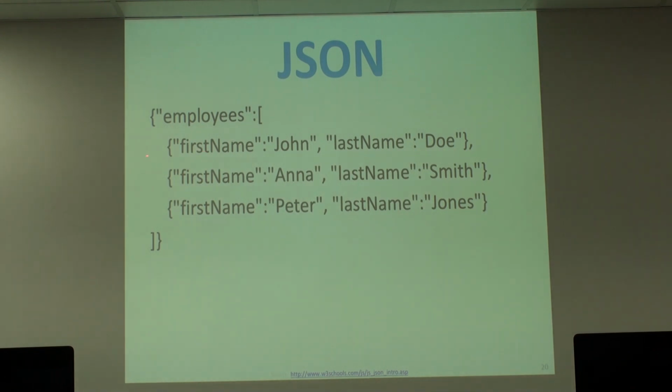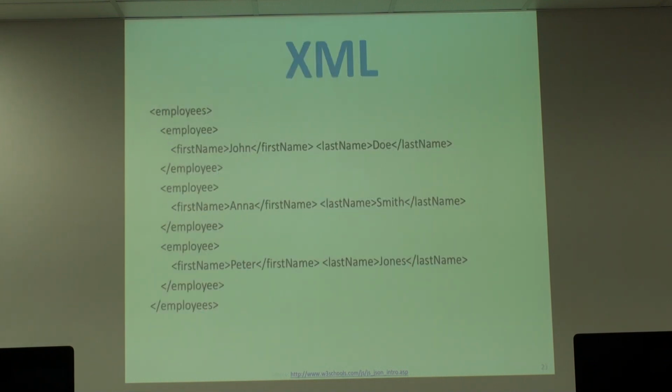So the list is 1, 2, 3 with 3 array items. And this array with key value pairs is like a dictionary. Dictionary meaning that it's a key value. Okay? So it's a KV pair. This is a JSON file. However, the same data we store in XML looks like this.